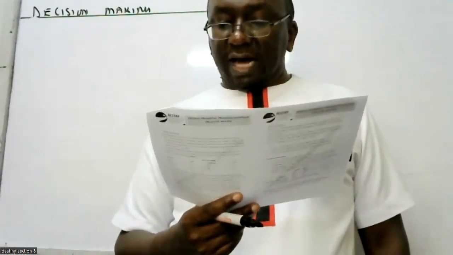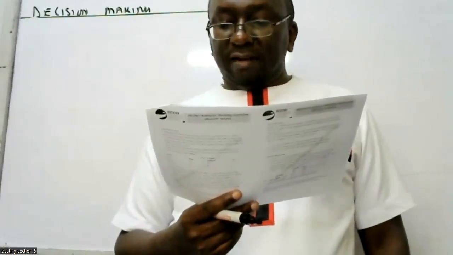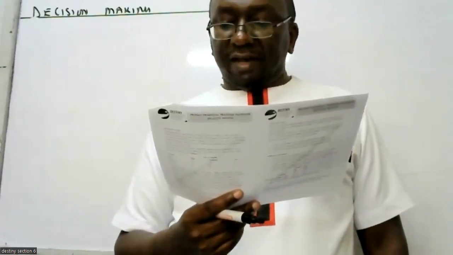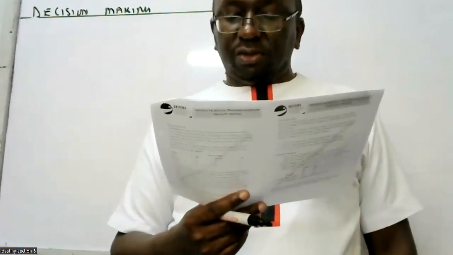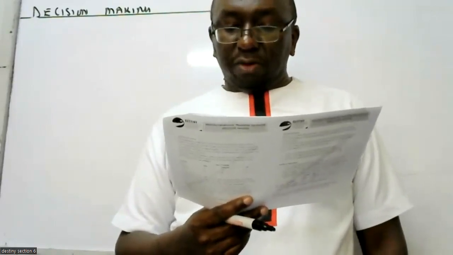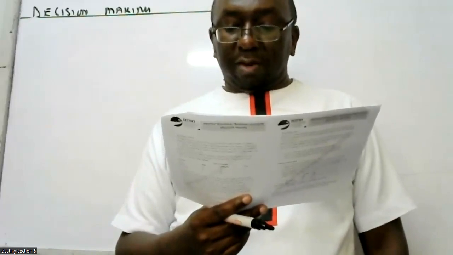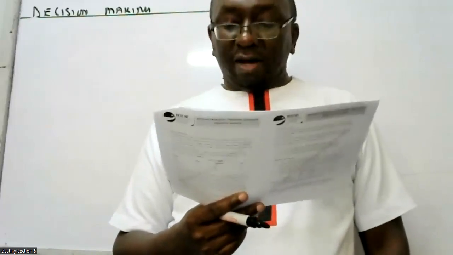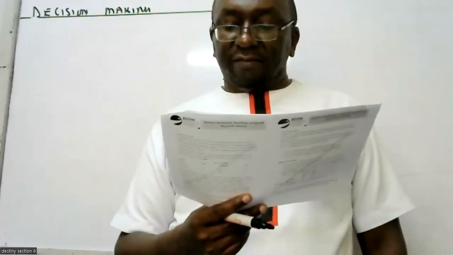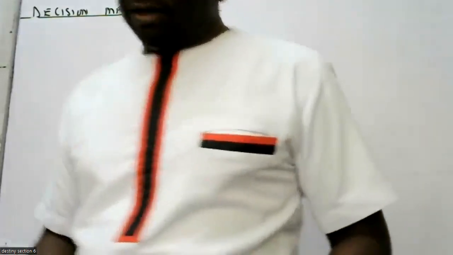The average rate of return on investment in equity 1 is 12% per annum, with a standard deviation of 2%, while the average rate of return on investment in equity 2 is 9.5% per annum, with a standard deviation of 1.8%. The rates of return on both equities, that should be equities, not inequities, are assumed to be normally distributed. You are required, on the basis of minimizing risk, to advise the investor which of the two equities would be better and clearly state your reasons.